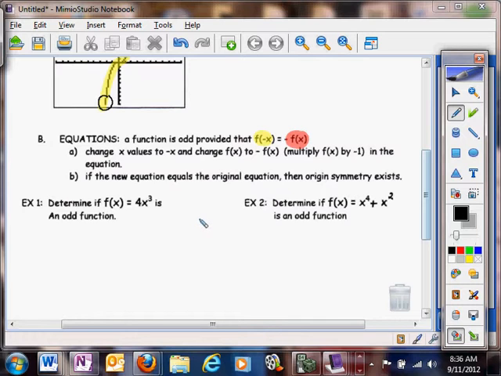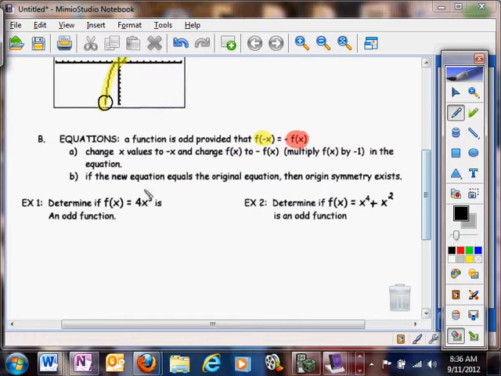Let me just read this. Change the x values to negative x, and then change f of x to negative f of x. Multiply f of x by negative 1 in the equation. If the new equation equals the original equation, then origin symmetry exists, and it's going to be an odd function.